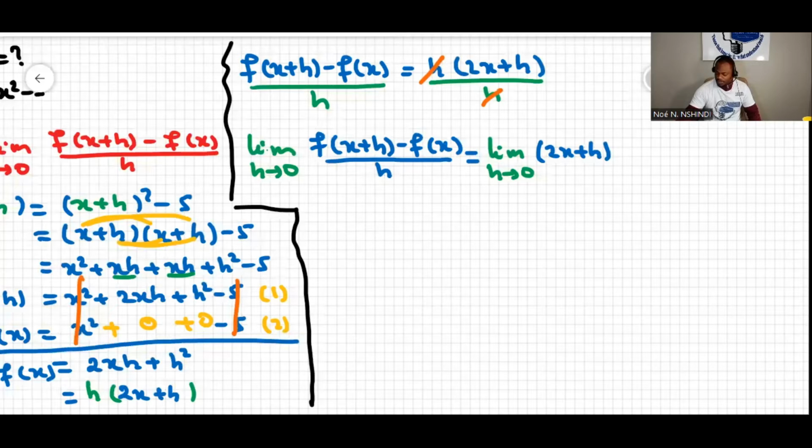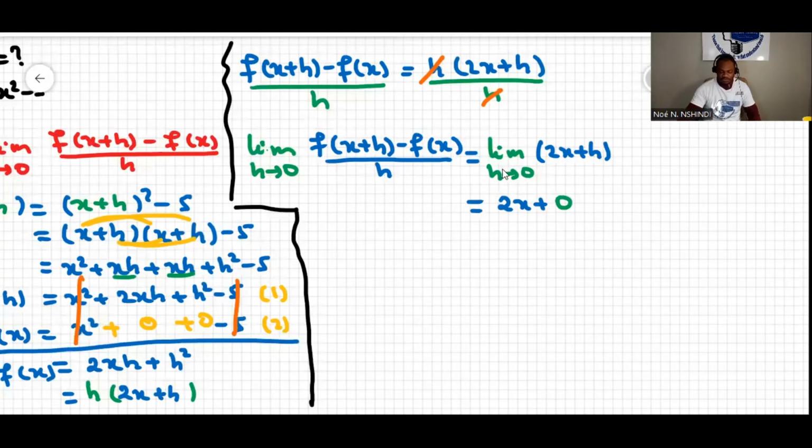Now, this limit, what does it mean? When they say the limit as h approaches 0, it means we're going to substitute h by 0. So this will be equal to 2x plus 0. In this case, I'm not going to put the limit anymore, because when we substitute the value of h by 0, we don't need to place the limit.